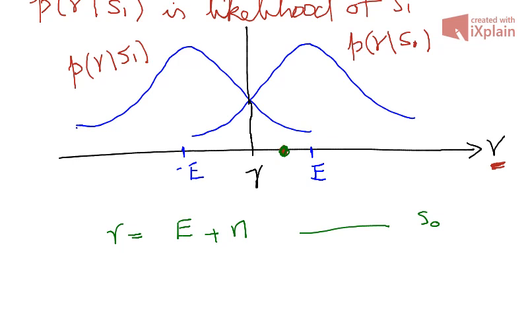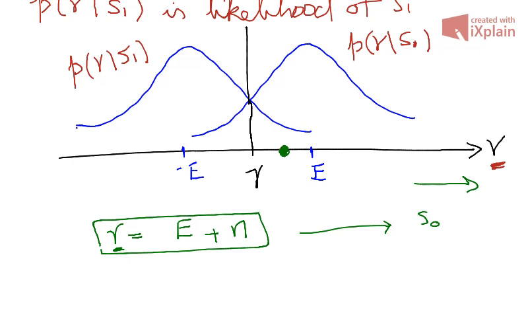Now when S0 is transmitted, we would get R, and it can be any value on this real axis, from minus infinity to plus infinity. Suppose we have received this value.